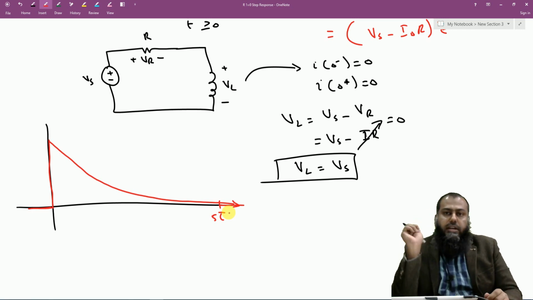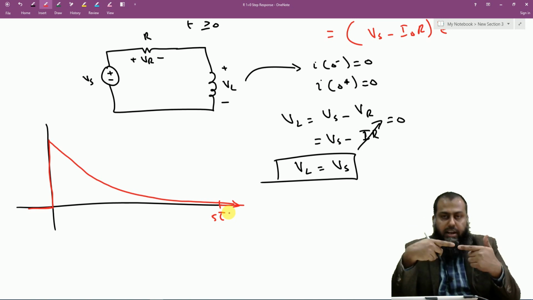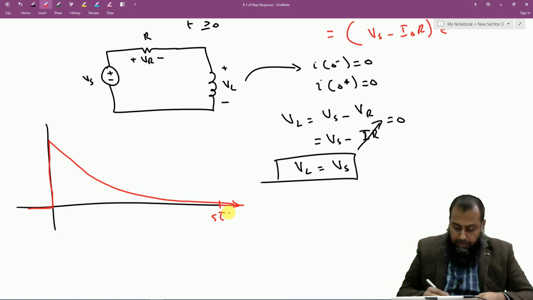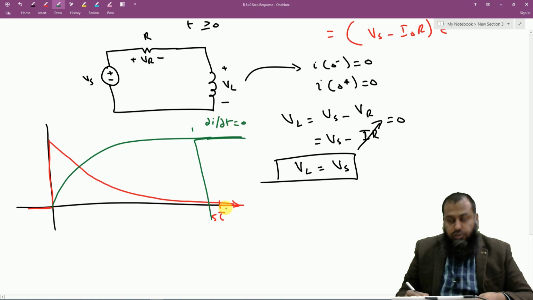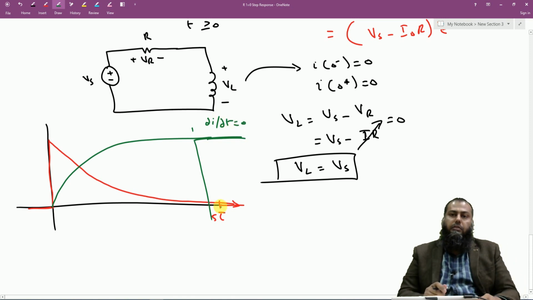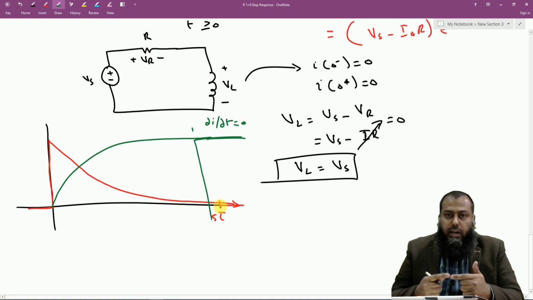This shows that the inductor has now come into a steady state condition, and therefore the inductor will act as a short circuit to a DC network. We do not have any rate of change of the current here, because the current is moving like this up to this particular point. After this point, di/dt becomes equal to 0, and consequently the voltage across the inductance becomes equal to 0, and thereby it becomes a short circuit path.